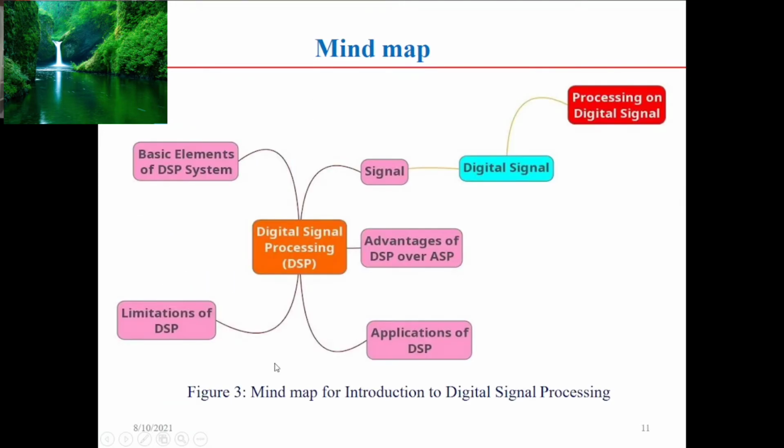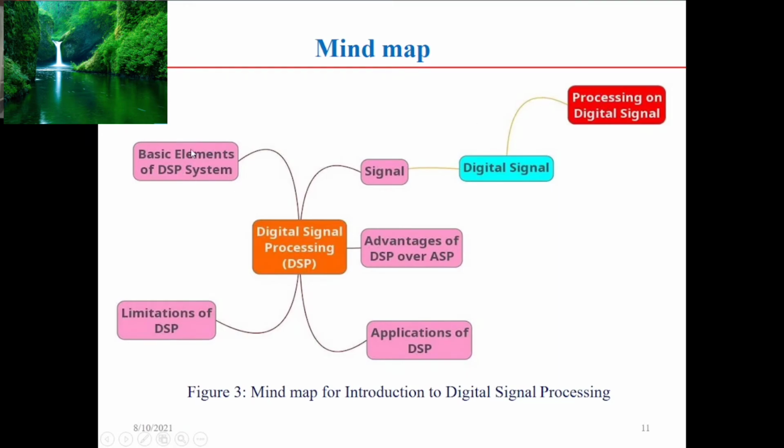Now, let us sum up the entire thing we have learned into this mind map. This makes it very easy for all my students to remember what we have done in this entire small session. We talked about introduction to digital signal processing. In that, we focused on signal. Which type of signal? Digital signal. What are we doing on this digital signal? We are processing this digital signal, right?